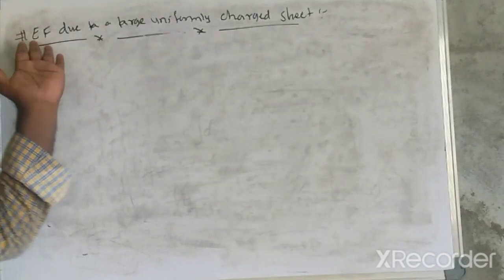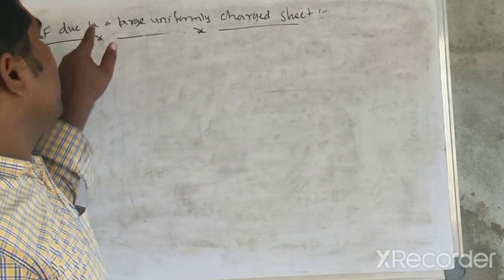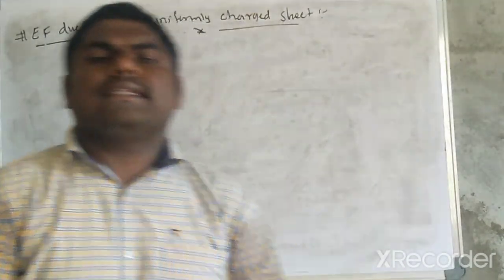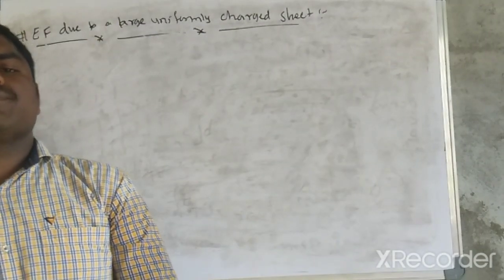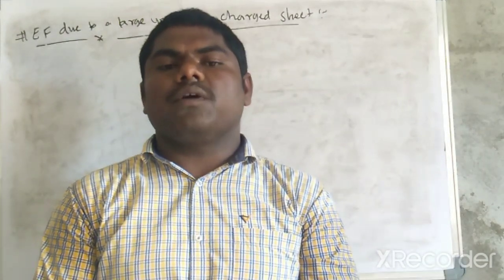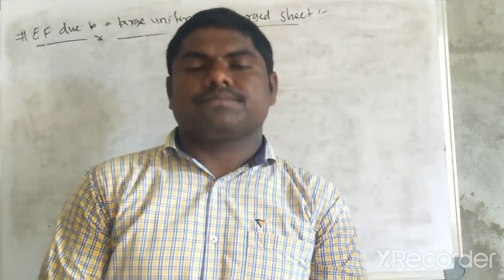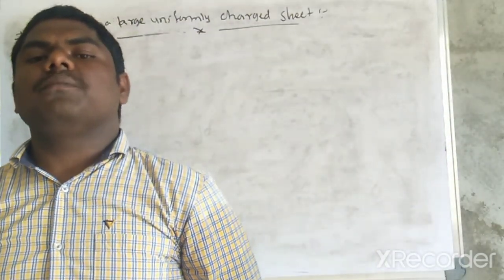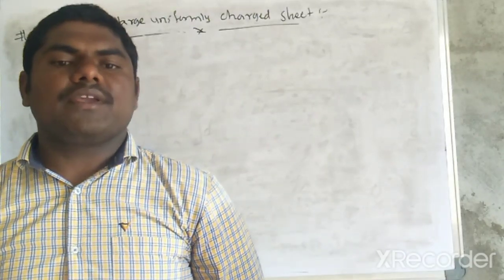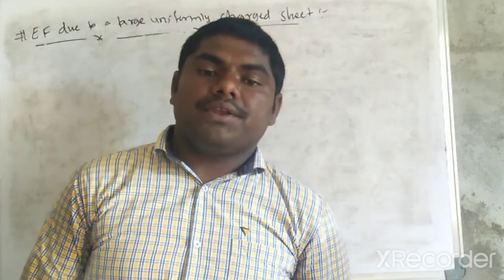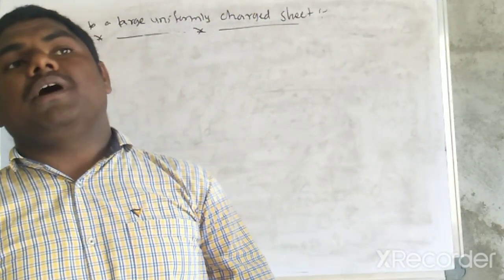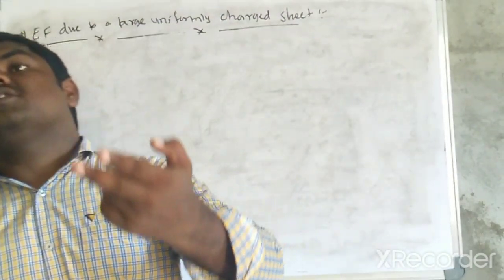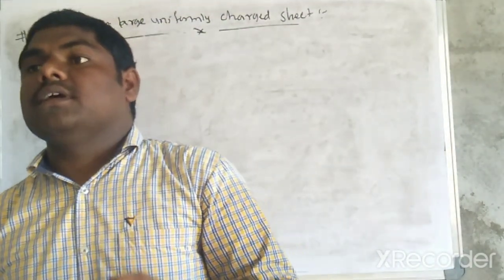Let us discuss another application: the electric field due to a large uniformly charged sheet, using Gauss law. Consider a large uniformly charged sheet having charge per unit area sigma, measured in coulomb per meter square.